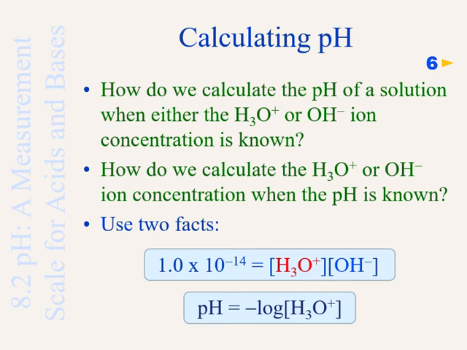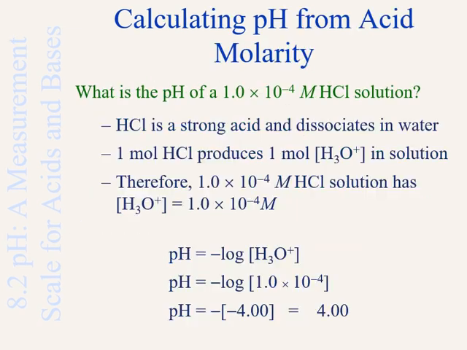You will find that pH values are documented for just about any solution, even in a medical environment. pH is very, very important. So if you have a 1.0 times 10 to the negative 4 molar HCl solution, what is the pH of that solution? What does this mean? It means that when we dissolve HCl in water, it produces exactly 1.0 times 10 to the negative 4 molar H+, because for every 1 mole of HCl we produce 1 mole of H+.